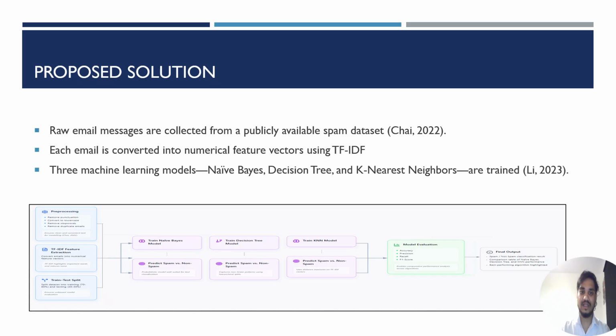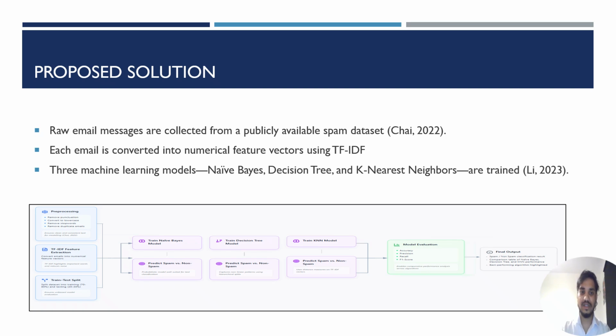Once clean, the system generates a decision matrix containing key variables such as TF-IDF word weights, email lengths, keyword indicators, special character density and URL counts.